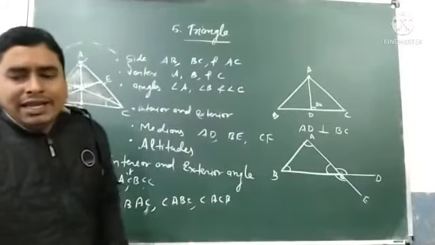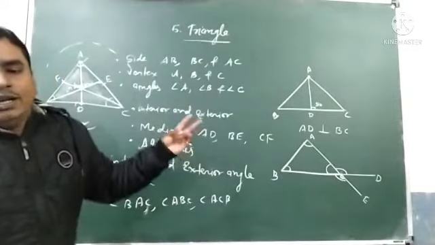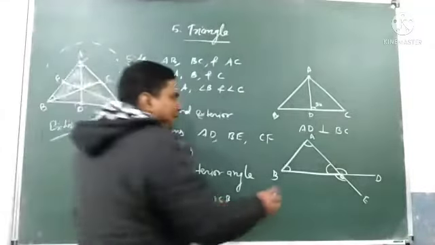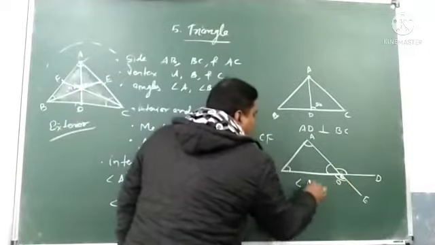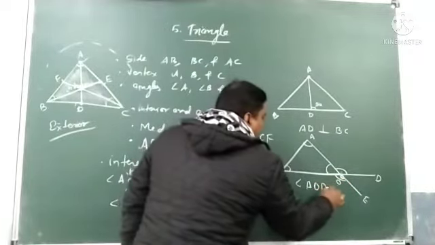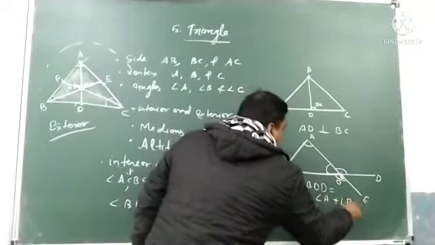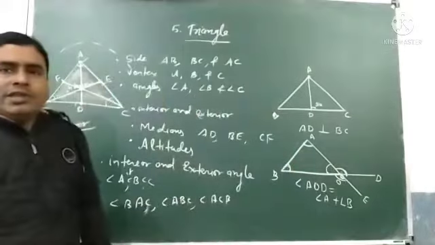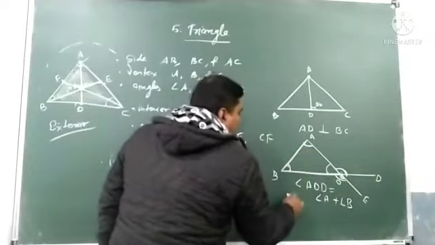One exterior angle is the sum of the other two opposite interior angles. Suppose the point is O, then angle AOD is equal to angle A plus angle B. This exterior angle is equal to the sum of these two angles. Similarly, this exterior angle is also equal to the sum of these two angles.